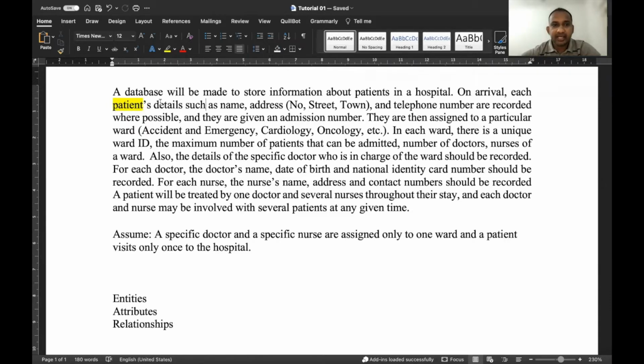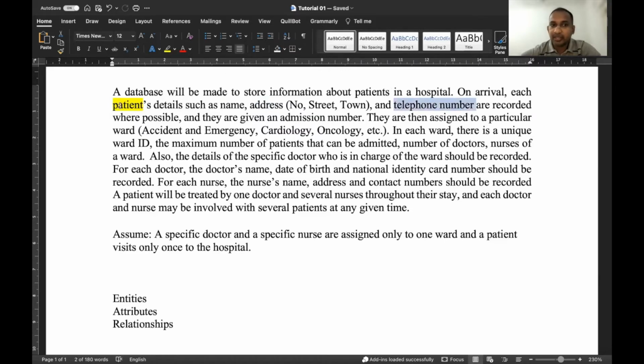And you can see there are other nouns available. The patient details such as patient name, address, telephone number are recorded. Those are also nouns, but they are not entities. The thing is, the patient name belongs to the patient, the address also belongs to the patient, and the telephone number also belongs to the patient.